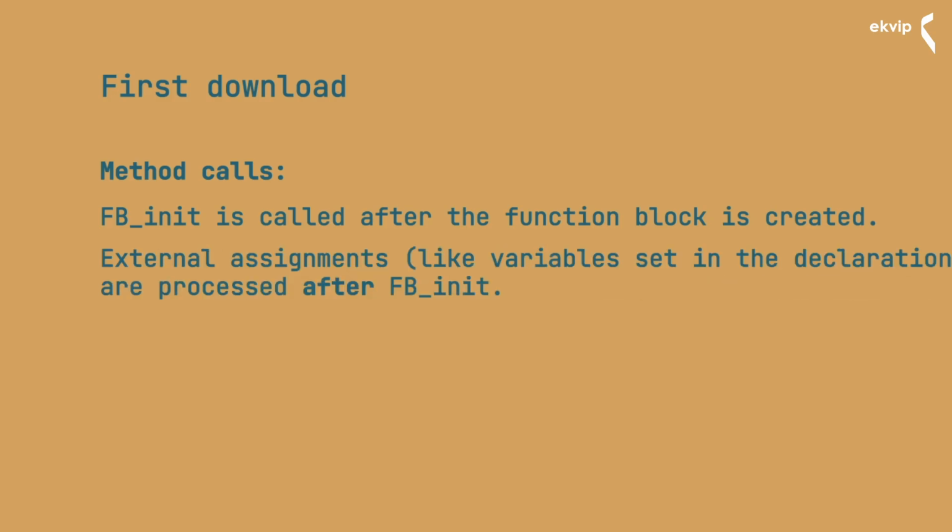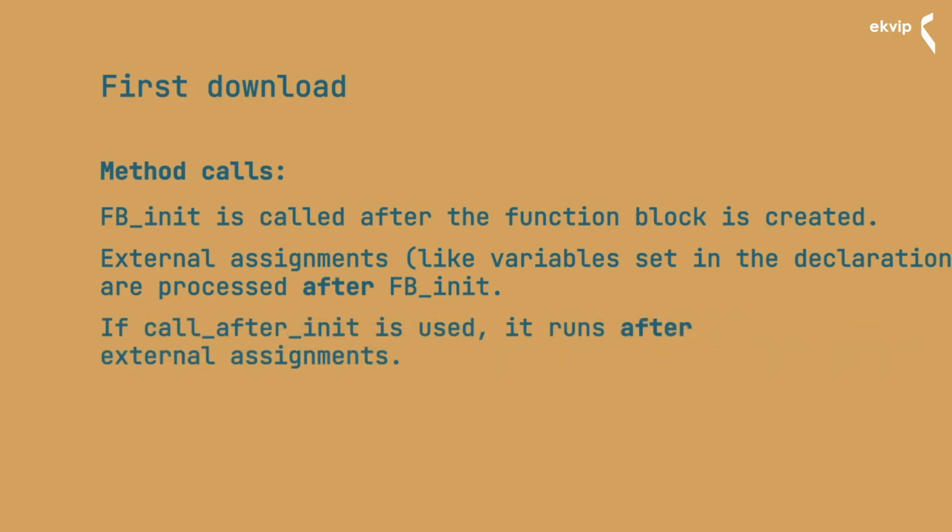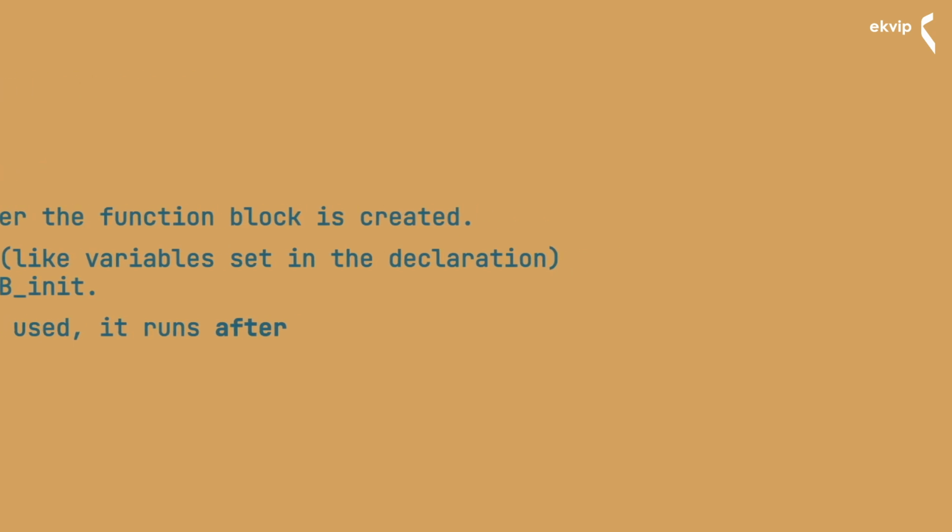External assignments, like variables set in the declaration, are processed after FB_init. If CallAfterInit is used, it runs after external assignments. This is the most straightforward case. Everything gets initialized from scratch, and any values assigned externally are applied after FB_init.